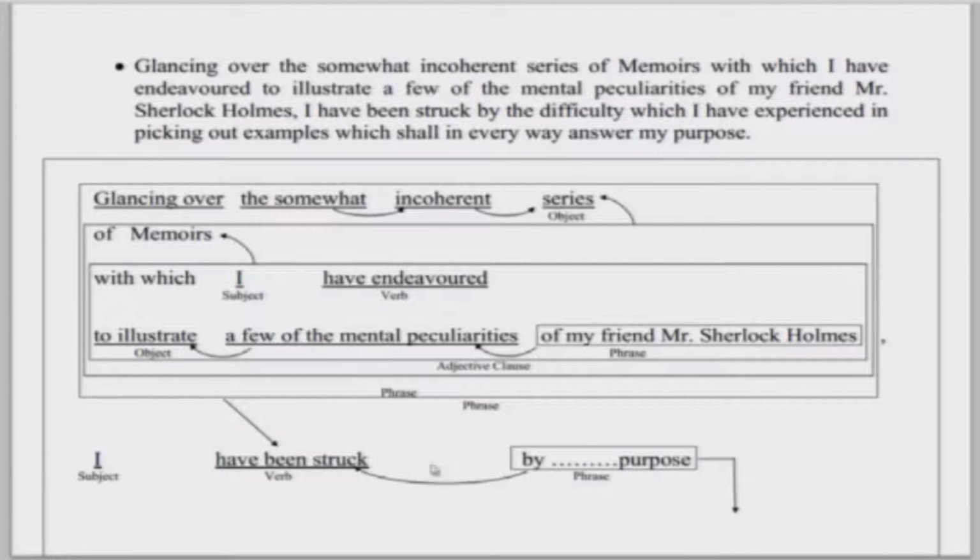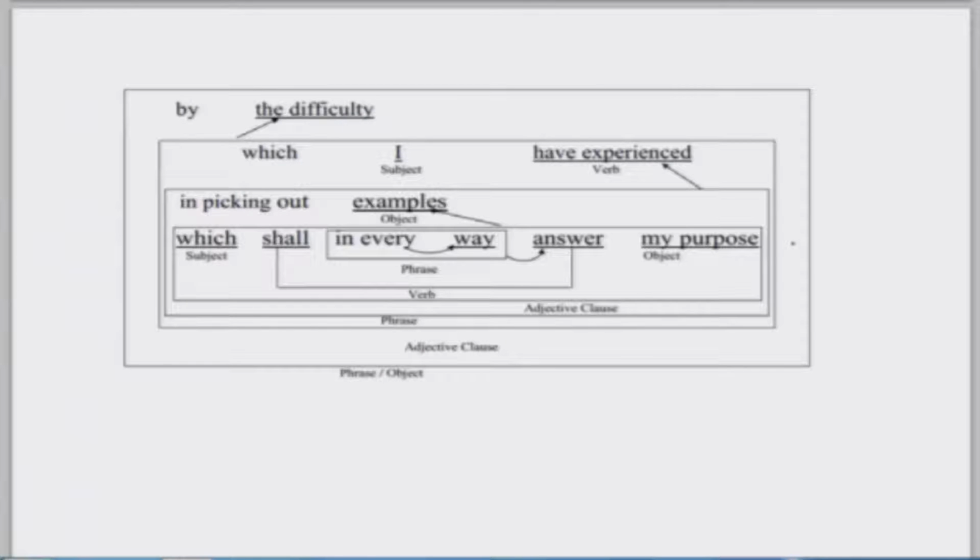I have been struck by the difficulty, and which difficulty? This is the kind of difficulty which I have experienced, the skeletal part of this clause, and experienced in what context, where, when. So, for that this is giving the adjective phrase.